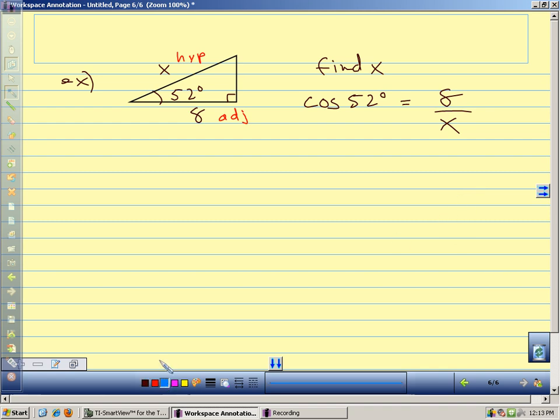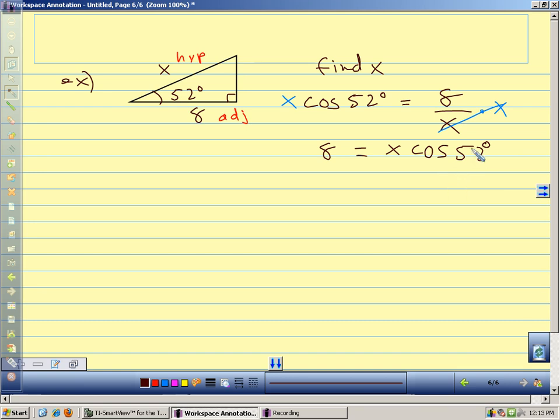Now we need to solve for the part that we need. How do we get x out of the denominator here? Multiply both sides by x. Those cancel. And I get, I'm going to turn it around, 8 equals x cosine 52 degrees.